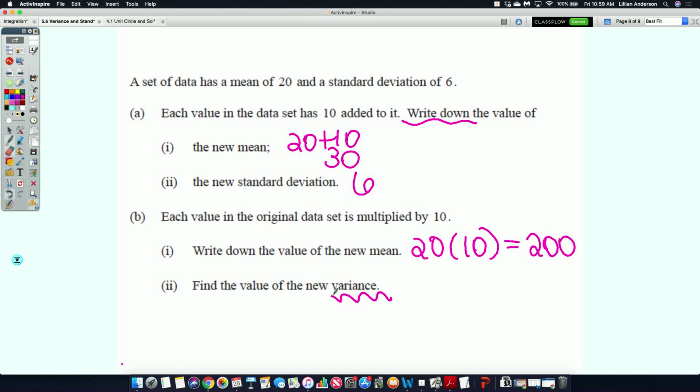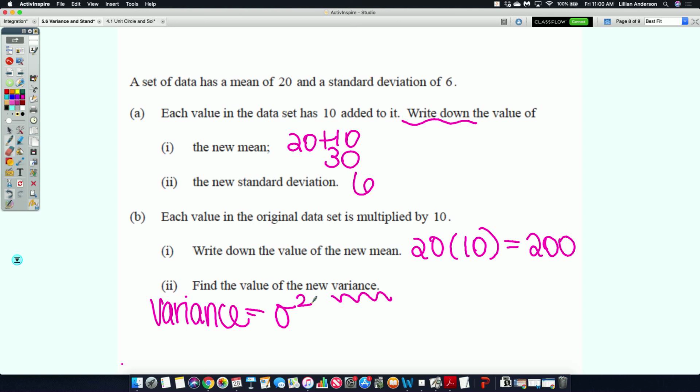How are variance and standard deviation related? Say it again, Bodie. Variance is the square of standard deviation, because standard deviation is the square root of variance. So you go backwards. So variance is the standard deviation squared.